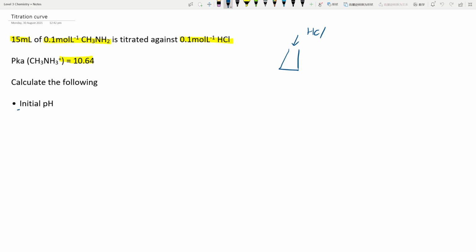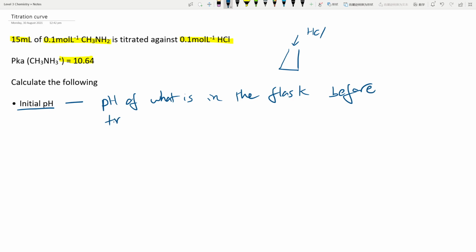First things first, let's look at the initial pH. So what does this initial pH mean? This is looking at the pH of what is in the flask before titration even began, before titration even started.